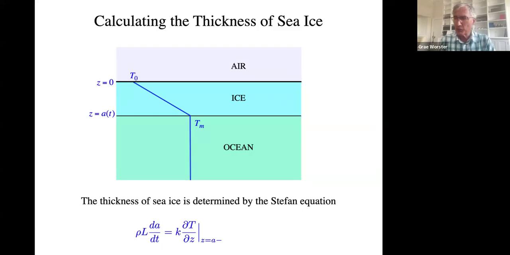And so many explorers went out into the Arctic, trying to find passages across the Arctic, and many of them got stuck in the ice for long periods of time. And so they'd spend their time measuring ice thickness, wondering when they were going to get out. And so there were measurements of ice thickness, and eventually these got deposited at the Austrian Academy, where one Josef Stefan was associated.